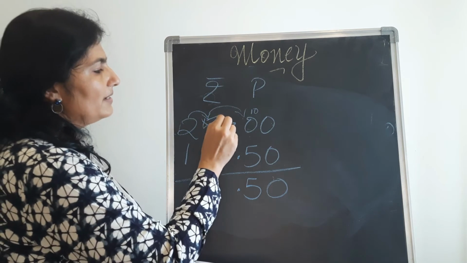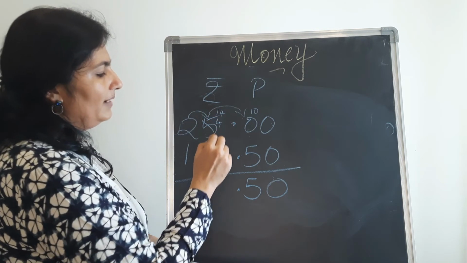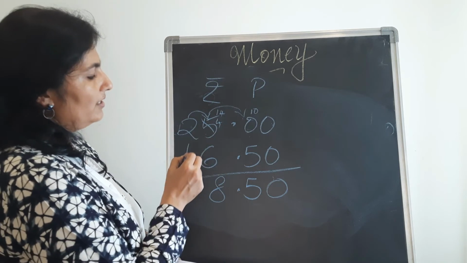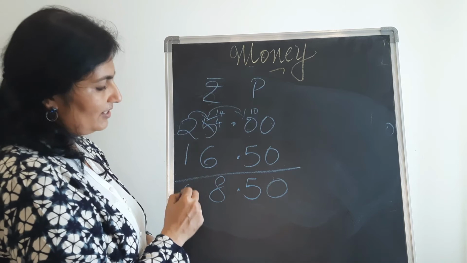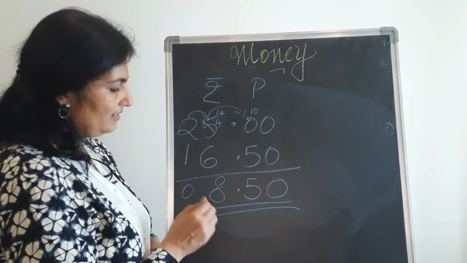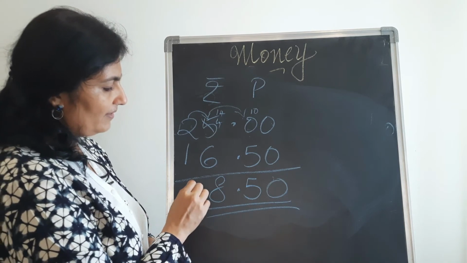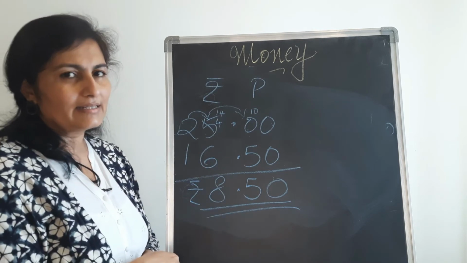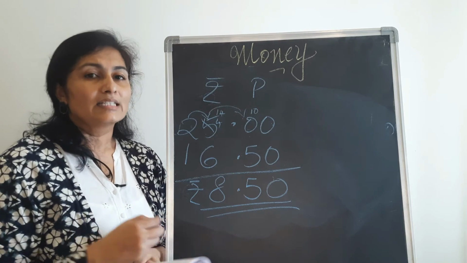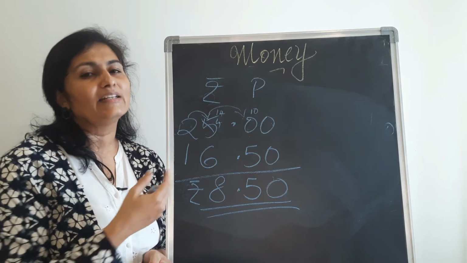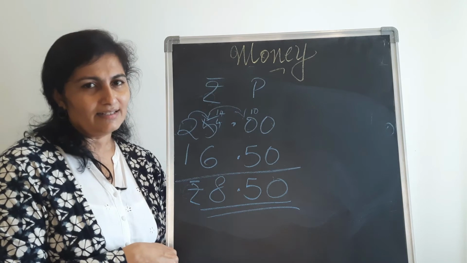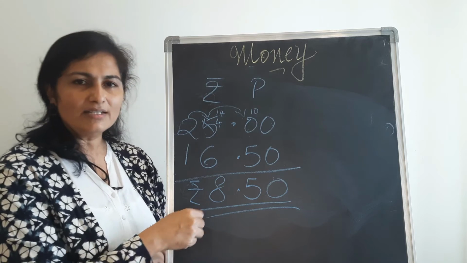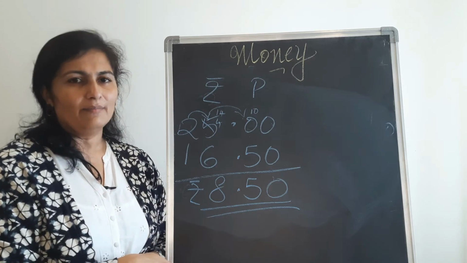So then this becomes 14 minus 6 is 8. Here we borrowed, so there is nothing. 1 minus 1 is 0 only. So the answer you get is 8 rupees 50 paise is what Shanti will have in her hand if she bought the cake. That is 16 rupees 50 paise. Then the balance that she will have from 25 is 8 rupees 50 paise.